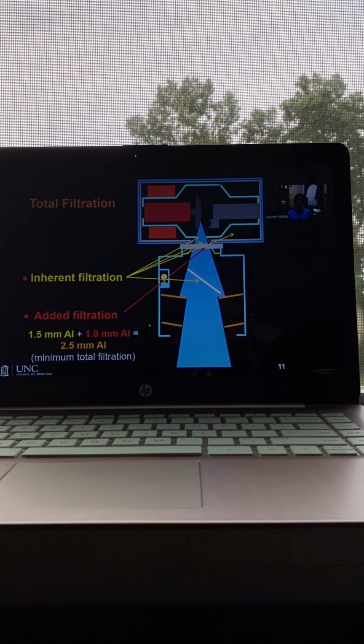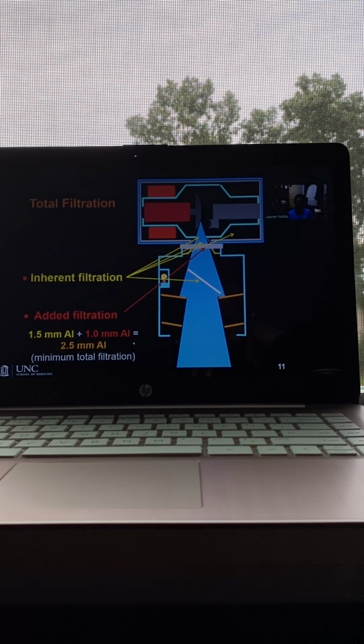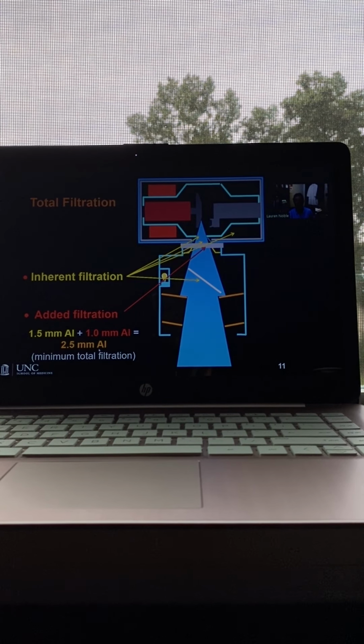So that's the reason I mentioned this terminology here, aluminum equivalency, because you may see in some sources, instead of saying total filtration is 2.5 millimeters of aluminum, it may say 2.5 millimeters of aluminum EQ, which means aluminum equivalency. And if you have a test question where that terminology is used, I wouldn't want that to end up throwing you.